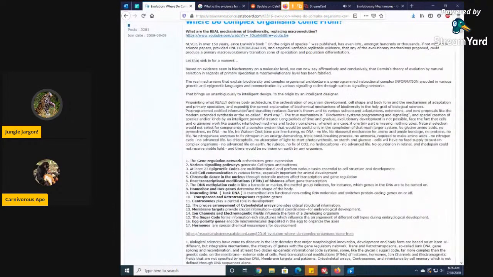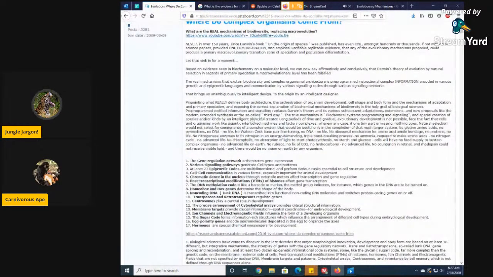Pinpointing what really defines body architecture, the orchestration of organism development, cell shape, and body form, and the mechanism of adaptation and primary speciation, and exposing the correct explanation of biochemical mechanisms and biodiversity is the holy grail of biological sciences.